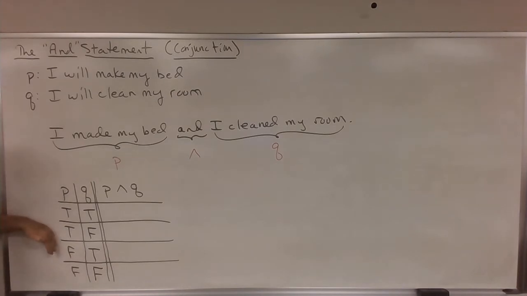The way we filled out this truth table exhausts all possibilities and lists every possible combination of truth values for P and Q exactly once. So if we have two simple statements, P and Q, this is how we prepare the truth table every time. True, true, false, false. And for the true values of P, Q can be true or Q can be false. For the false values of P, either Q can be true or Q can be false.